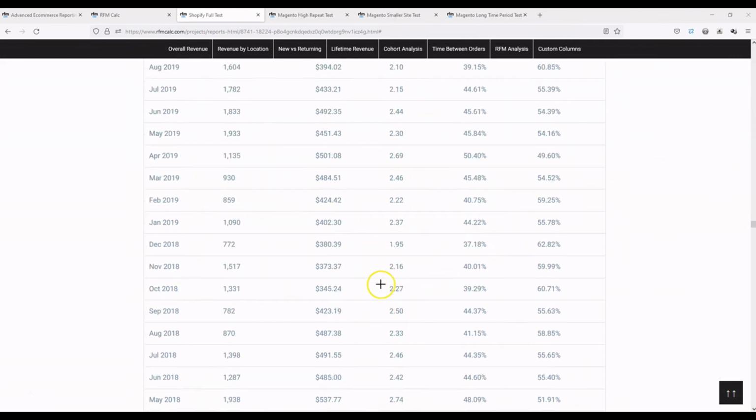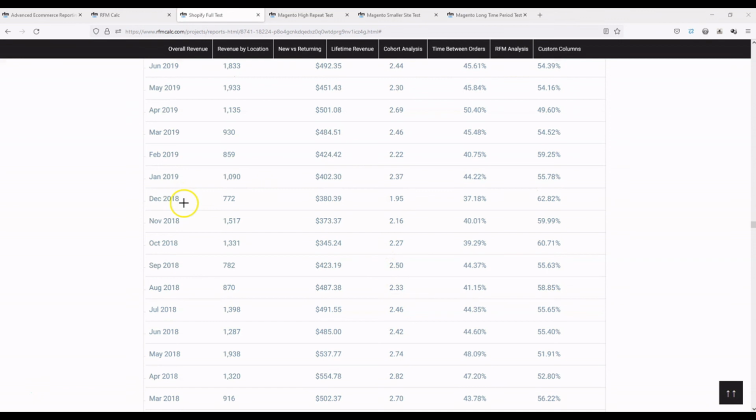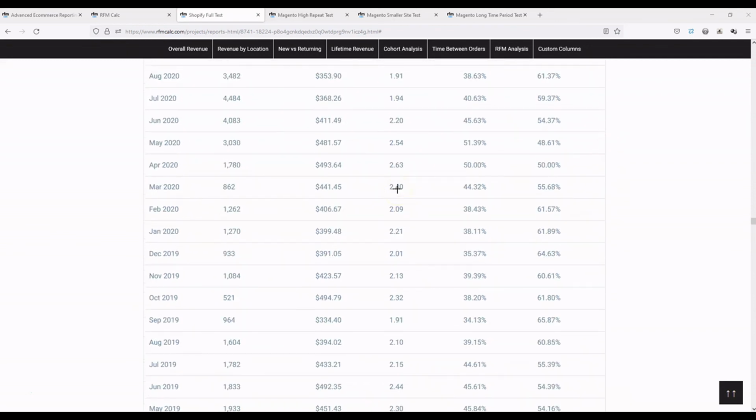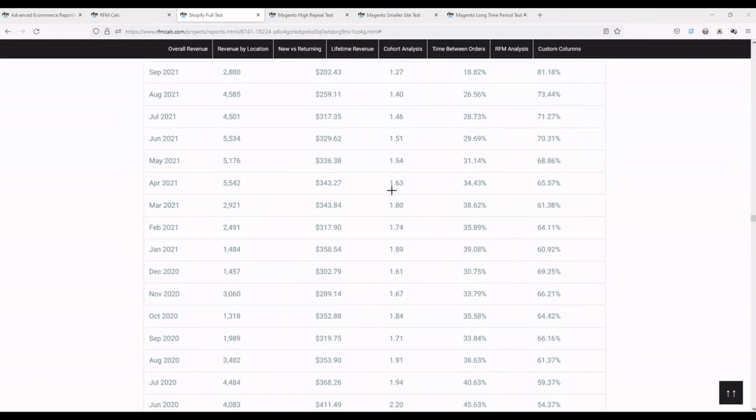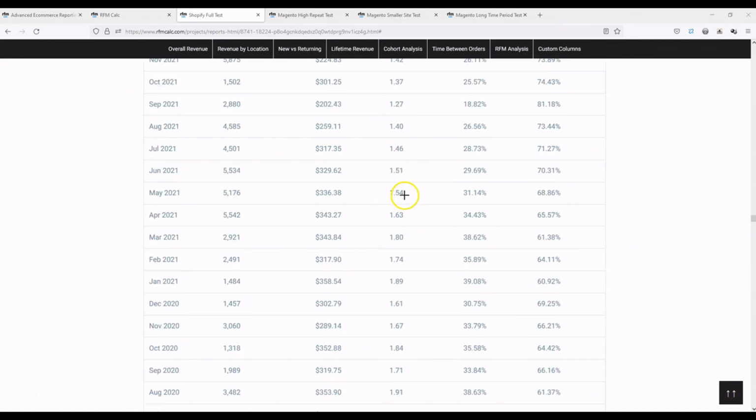You can see there's lower months, like December 2018 is much lower than January 2019, for example, in terms of lifetime revenue and the average orders placed per customer. So it gives you a nice overview in terms of that lifetime revenue figure by first order month in a visual table, as well as the charts above.